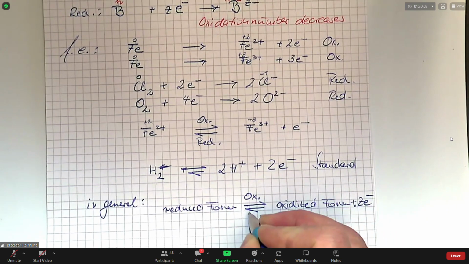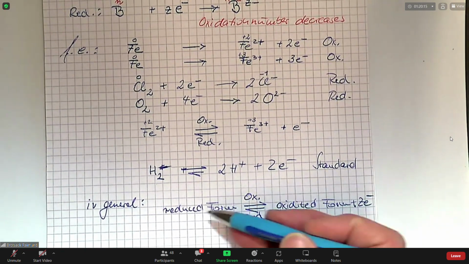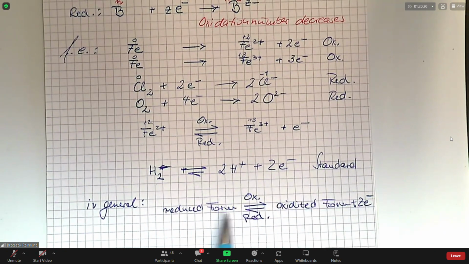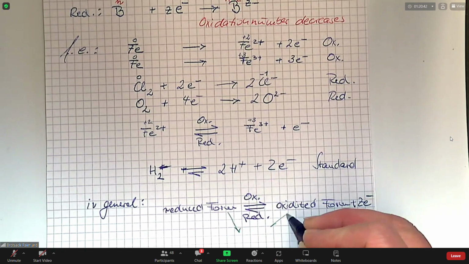The oxidized form can be reduced. When we read it from the right to the left, it's a reduction. When we read it from the left to the right, it's an oxidation. And this, again, as we had it in the acids and bases, where we called it a corresponding acid-base pair, is what we call a corresponding redox pair.